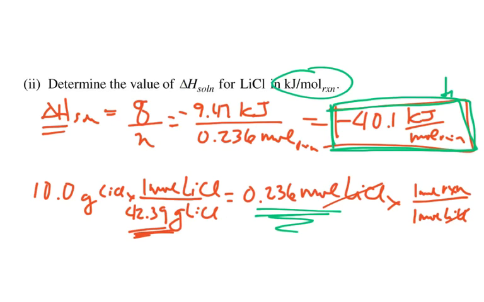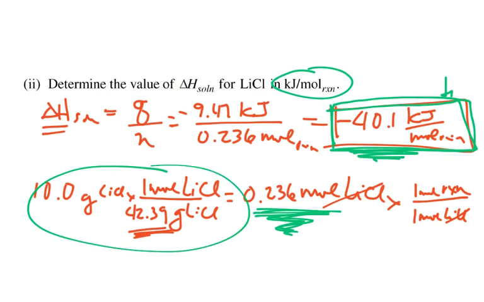You don't necessarily have to show that, but if you got to this answer, then you obviously knew your 0.236. But if you didn't get that answer, or you lost the point for the negative sign and all that stuff, then we'd be looking for: did you do this part? Did you change your 10 grams into moles? And that's worth 1 point.